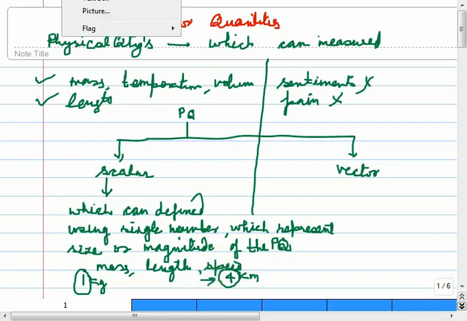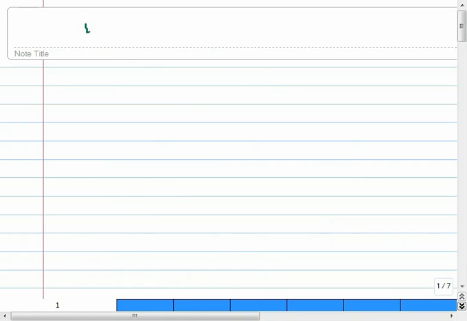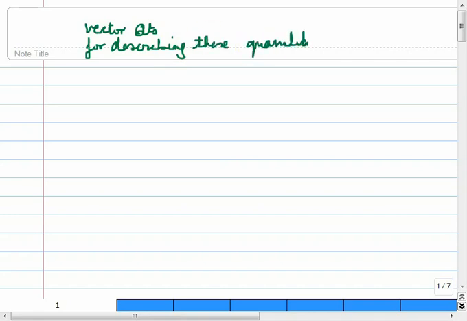There is another set of quantities called vector quantities. For describing these quantities we need size, that is magnitude, as well as direction.